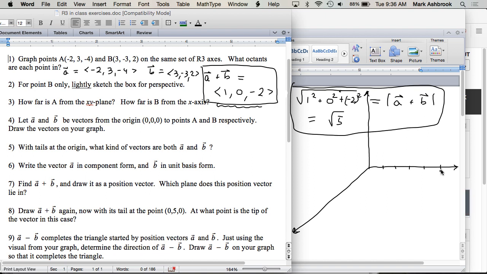So if we're going to put the tail there, its tip is going to be 1 in the x direction, 0 in the y, and then down 2. So then it would look like this.